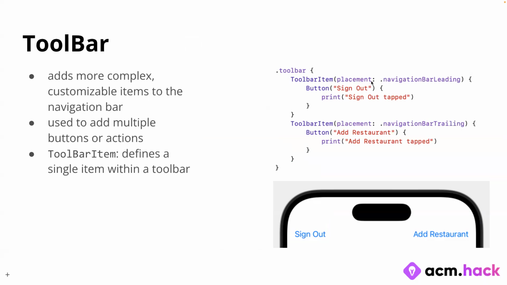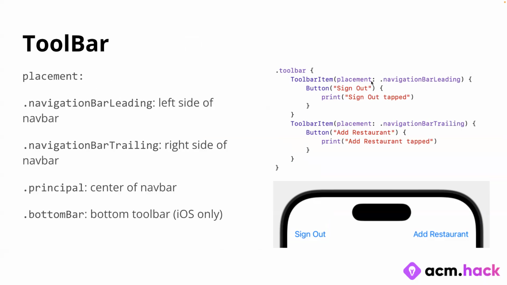We also have a placement here, which is another thing toolbars have. With the placement, you can specify where you want the items to be on the toolbar itself. If we have navigationBarLeading, that'll be on the left side of the nav bar. navigationBarTrailing will be on the right side. Principal will be in the center, and bottomBar will make it a bottom toolbar instead of a top toolbar, like what you see in the image here.